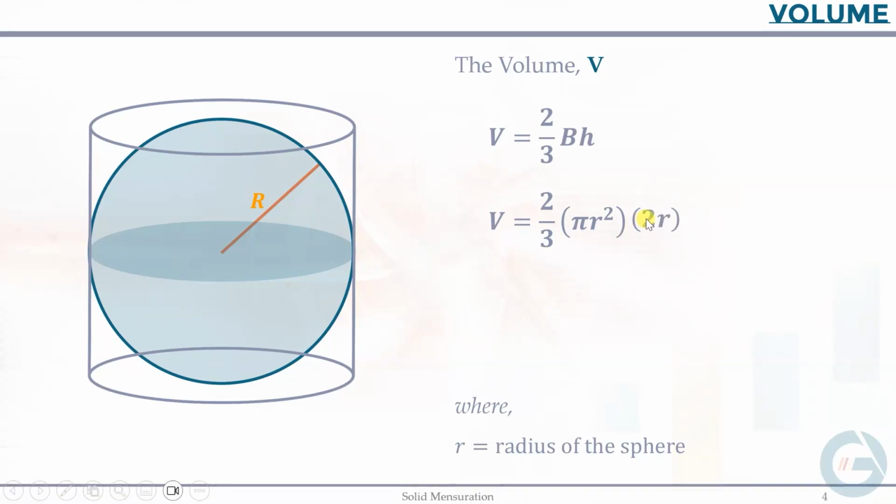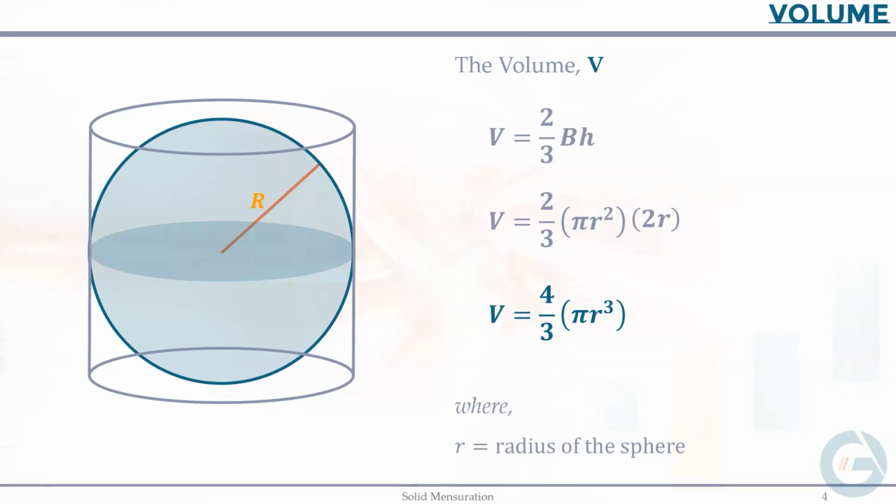So these two can be multiplied to the numerator, given as 4/3. So volume now equals 4/3 pi r cubed. So where did this r cubed come from? So this one, the r squared times r, that is r cubed. Okay, so we'll be using this formula for the problem. So we have volume of sphere is 4/3 pi r cubed.